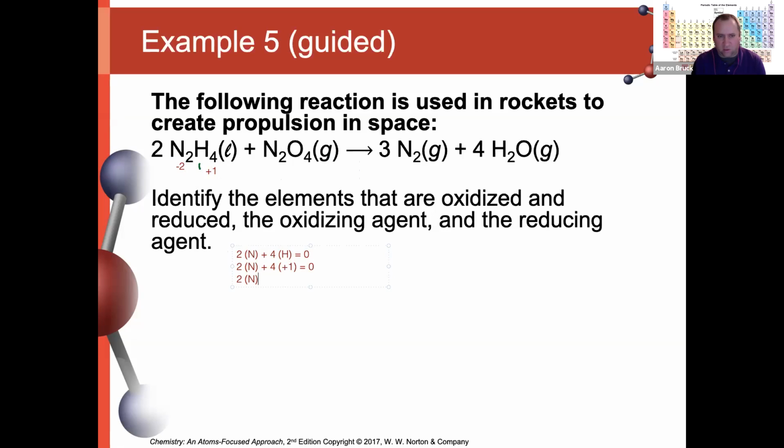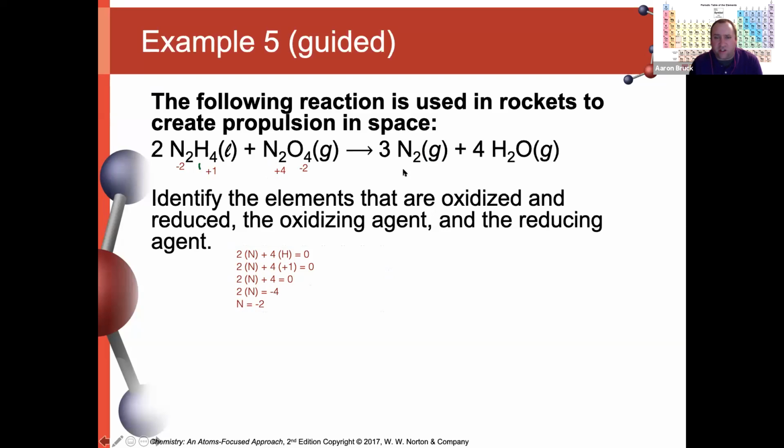So if we continue our algebra, that's how we arrive at the -2. If we keep going, again, each oxygen here is -2. So that means that the nitrogens here are +4.